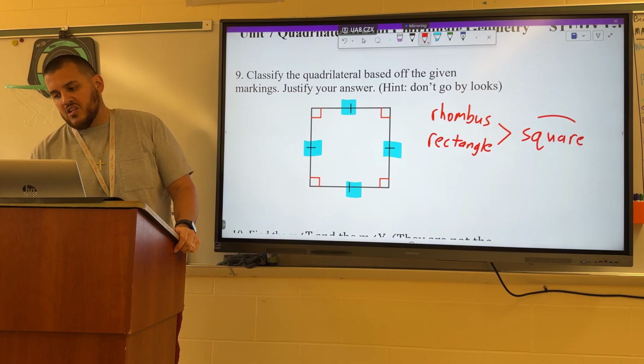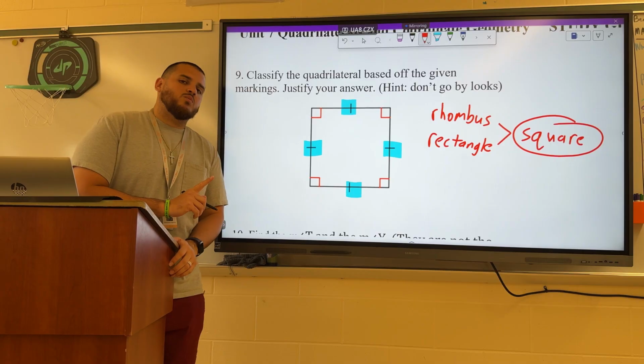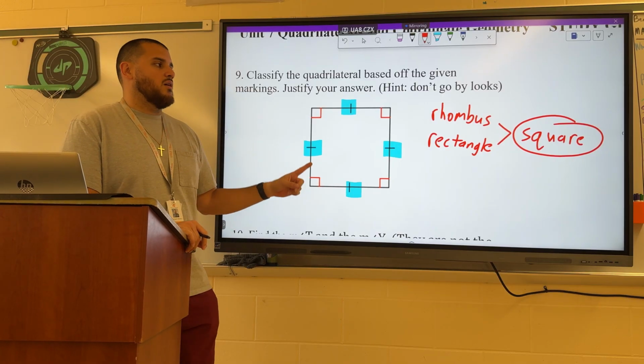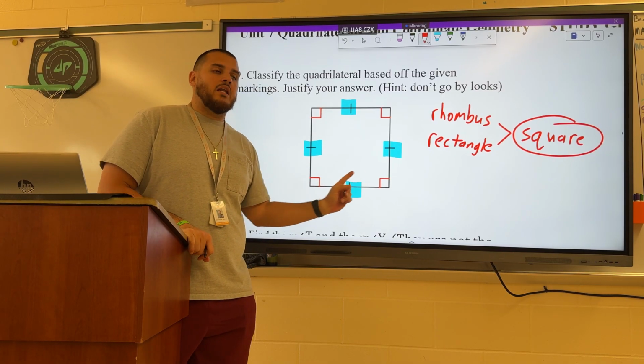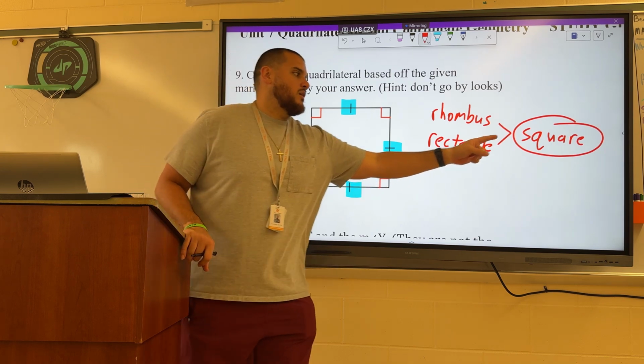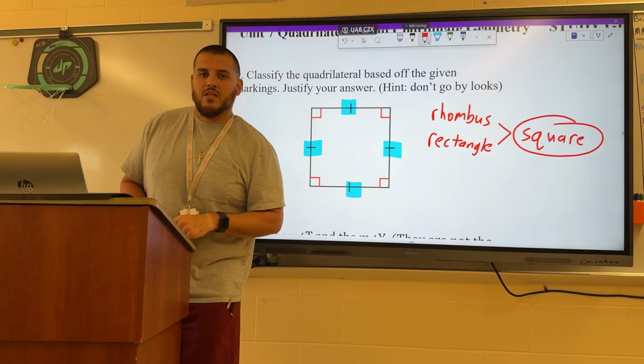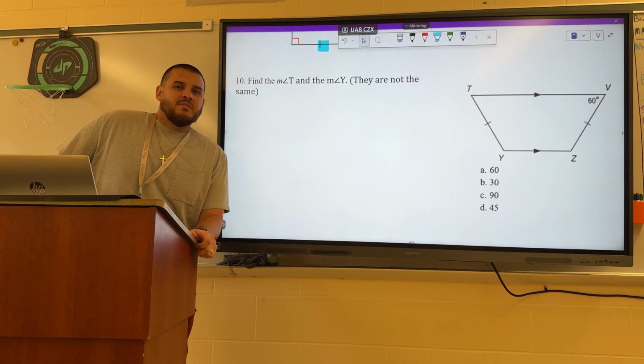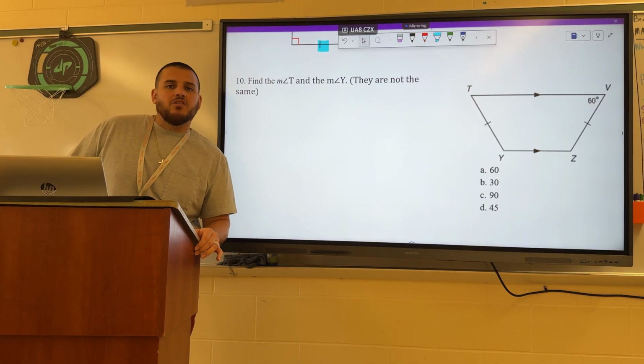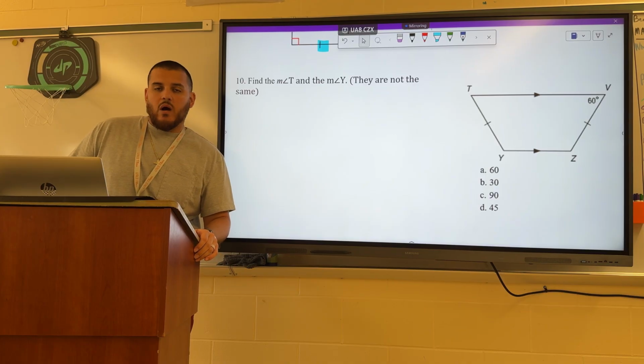So yes, it looks like the shape of a square, but the markings prove it for us. All four sides congruent is from a rhombus, four right angles is from a rectangle. Only the square has the properties of both a rhombus and a rectangle. So that's a square.